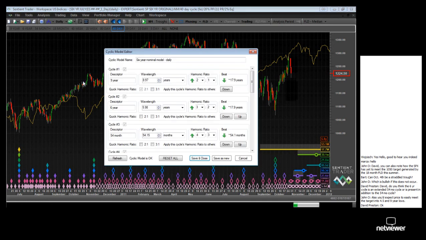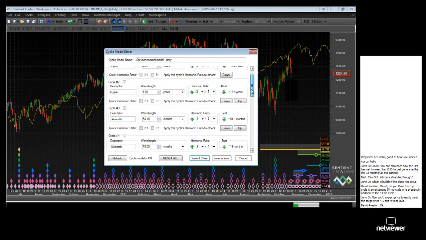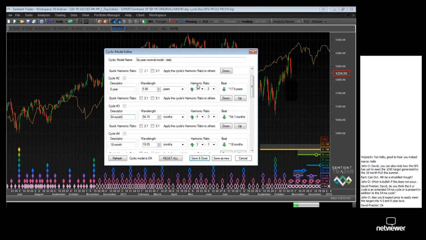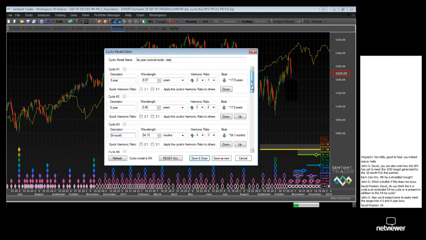And I can show you the nominal model that I've used to generate this. Let me do that quickly, just for the interest of those of you who are able to build your own nominal models. Here's my chart model.